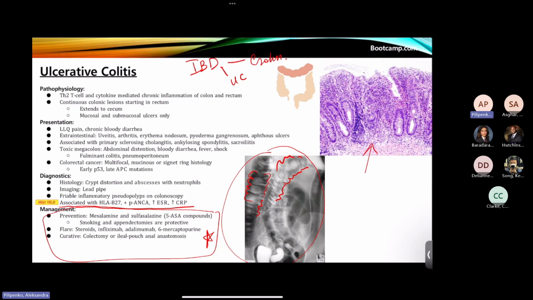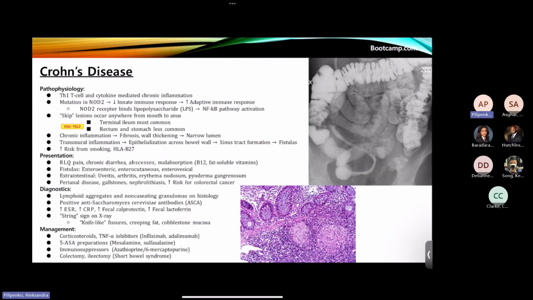Now for Crohn's disease, this sign they call the comb sign, like the hair comb. You will know that it's Crohn's disease. Or they call it knife-like fissures here. Cobblestone mucosa for histology.